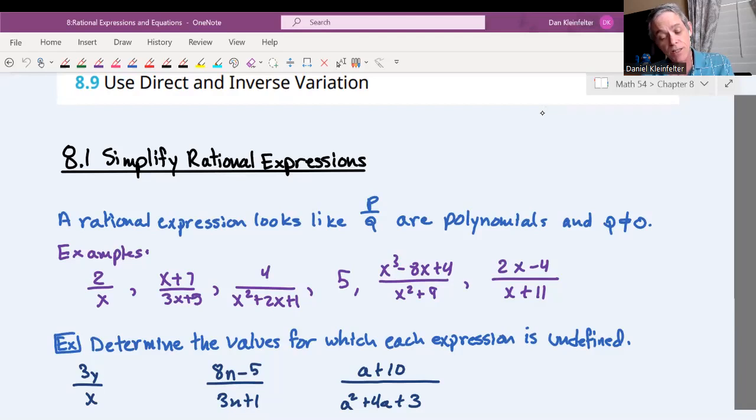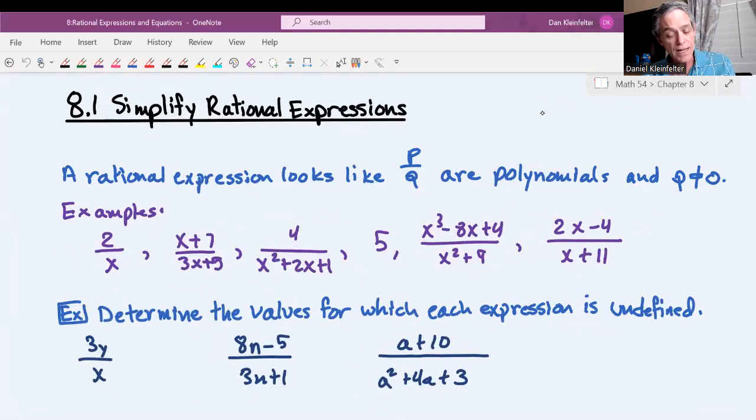A rational expression looks like P over Q, where P and Q are polynomials, and Q is not allowed to be 0. As you recall, division by 0 is undefined, so that was not an issue with polynomials because there was no division. But now that we're working with fractions, we have to make sure we're not dividing by 0. Some examples of what rational expressions look like: 2 over x, x plus 7 over 3x plus 5, as well as the others.